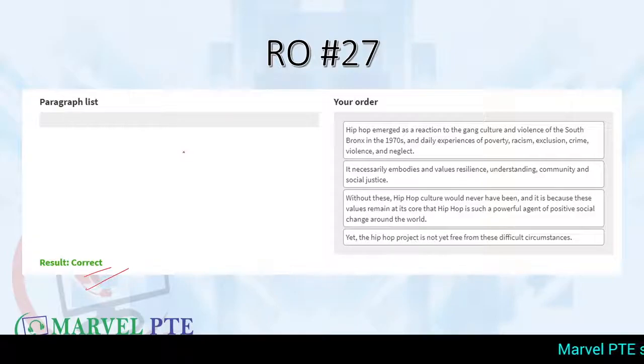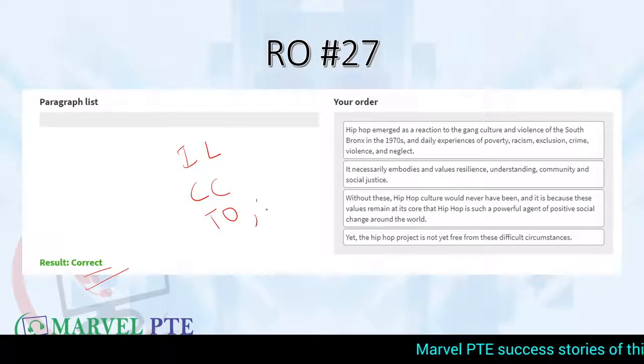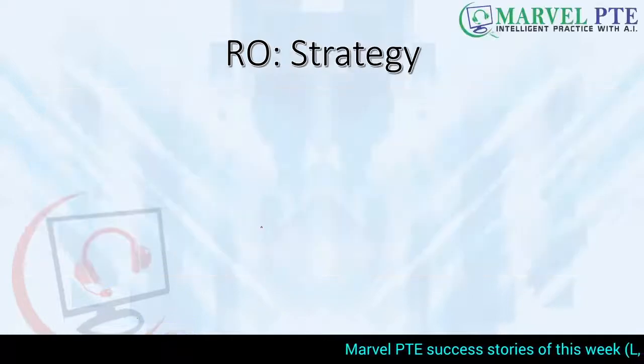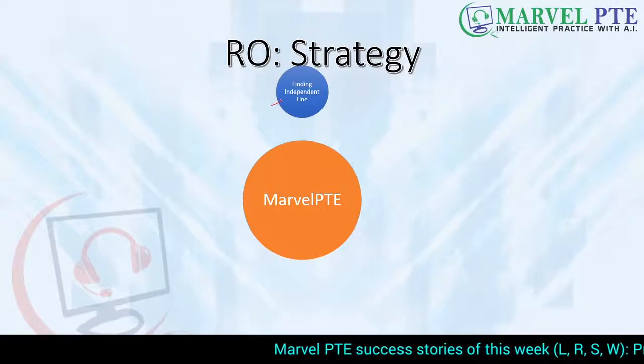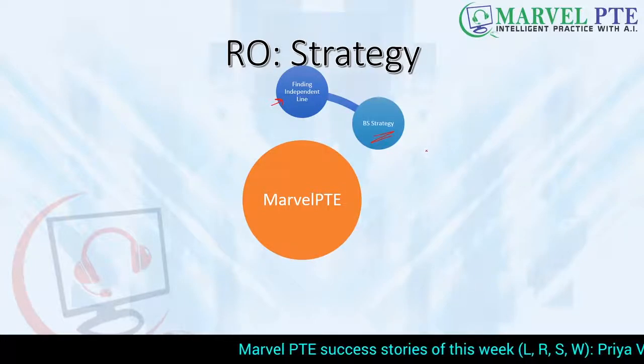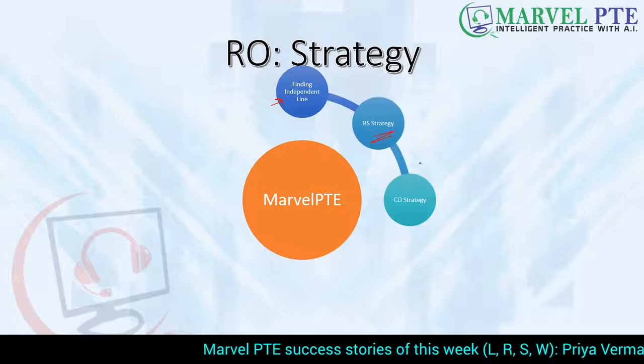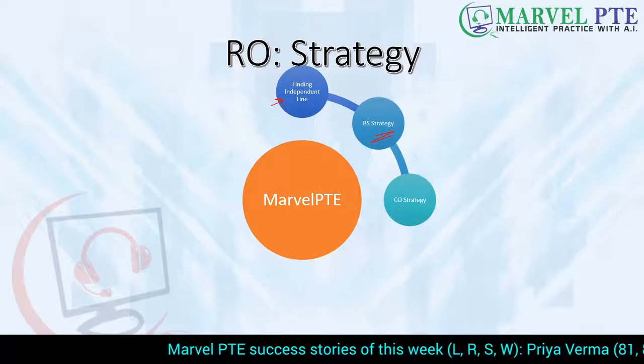So you see, if you know the strategies, if you know how to find independent line, concluding line, as well as TO strategy, SO strategy, you can easily crack your reorder paragraphs. And what is Marvel PTE strategy? We first find an independent line, then another strategy is BS strategy, which is broad to specific strategy.